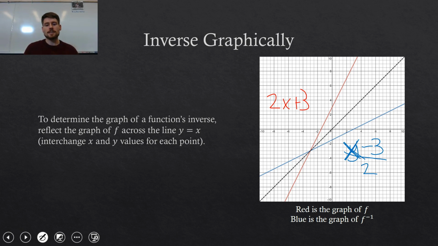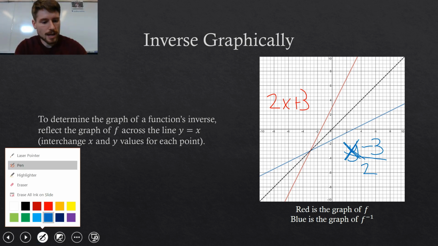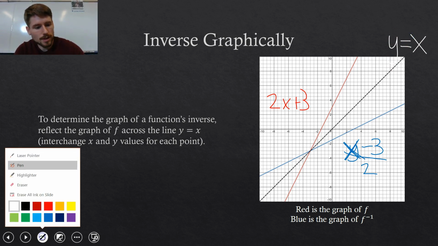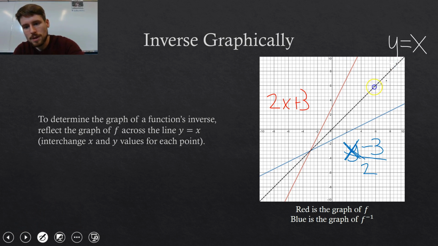You should see that they're symmetric, and the line of symmetry is the line y equals x. So here's y equals x, our line of symmetry running in between these two functions.